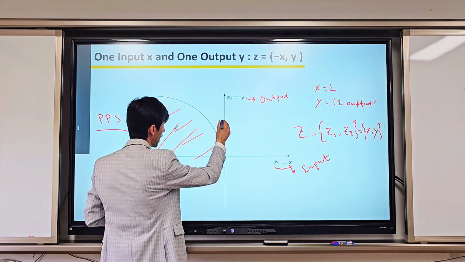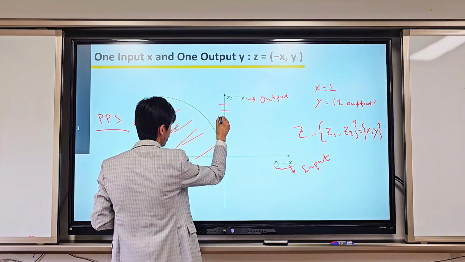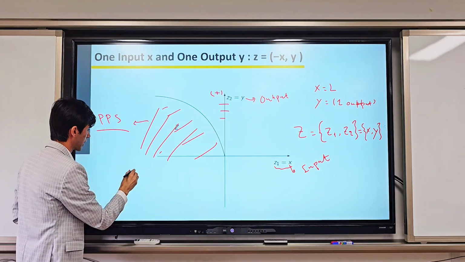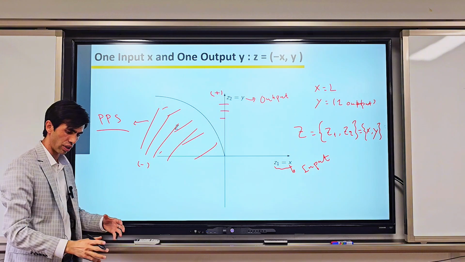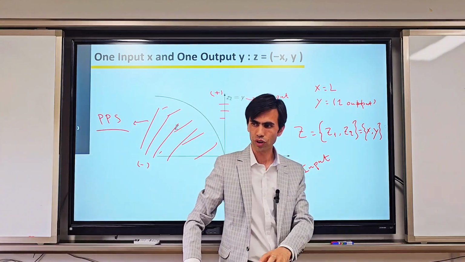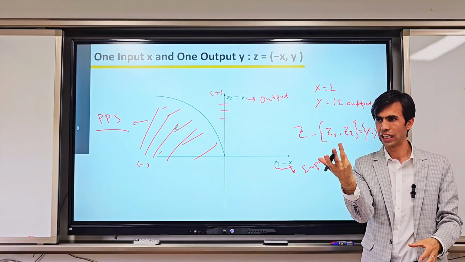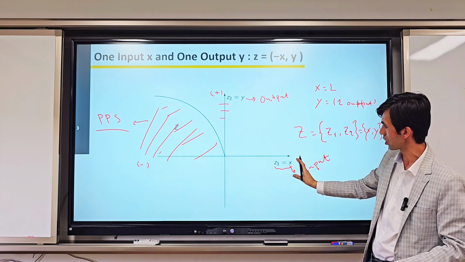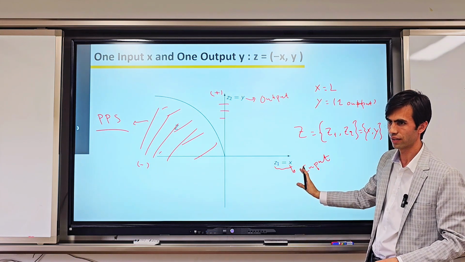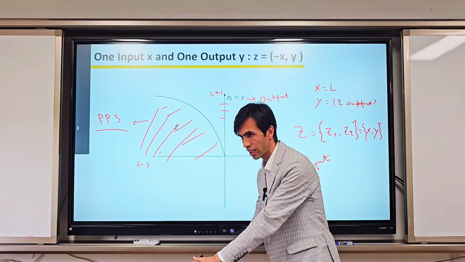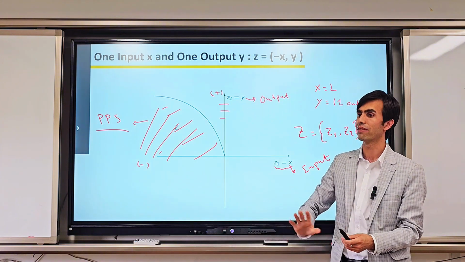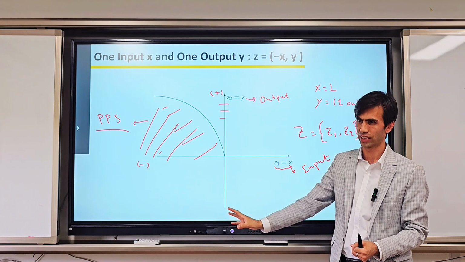So here, as you see for the output, again we have the positive side, but for the input we have negative. It means in the production process we are completely changing input to output. So that's why we are using the minus sign for an input that we are bringing to the company, and after the production process we don't have any of that input again.